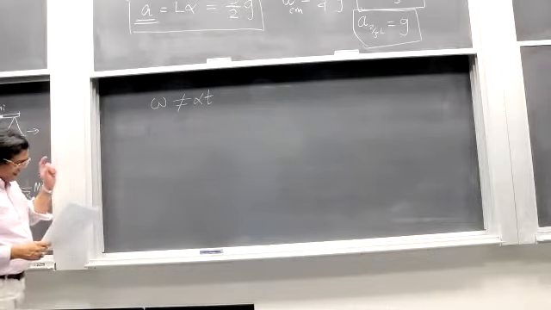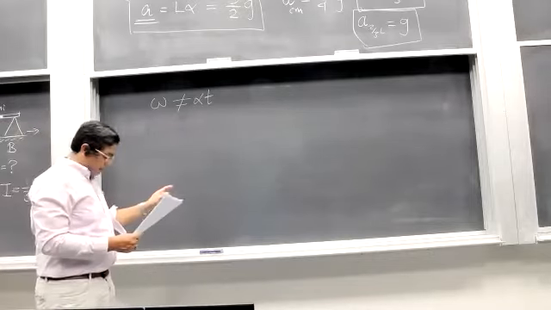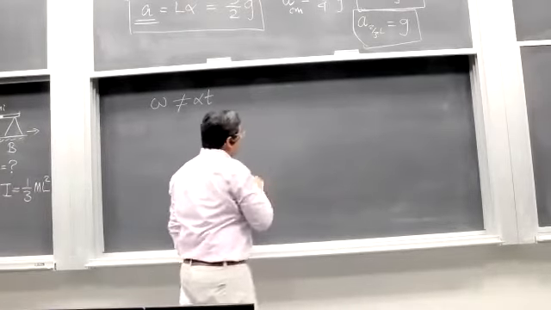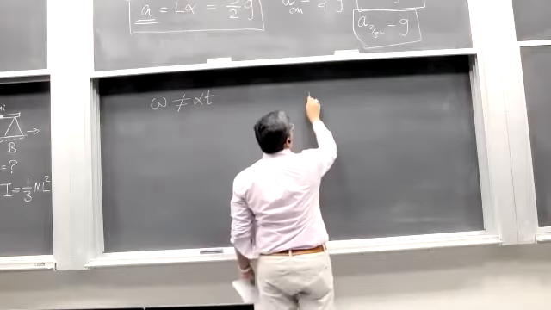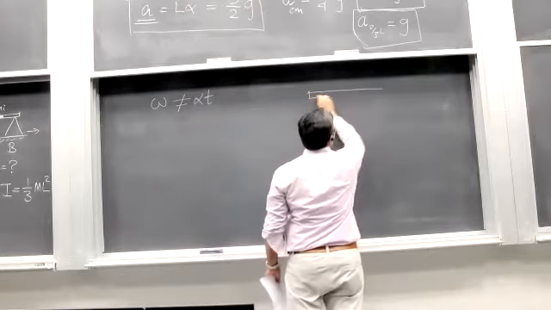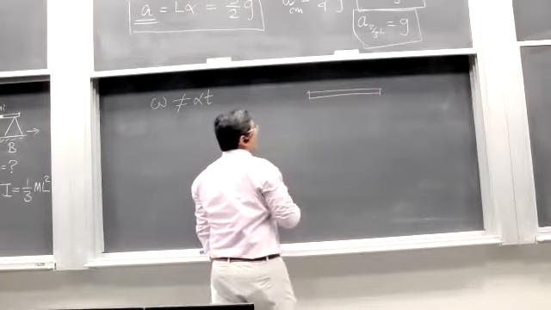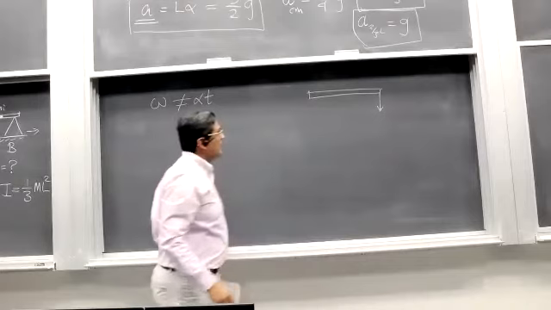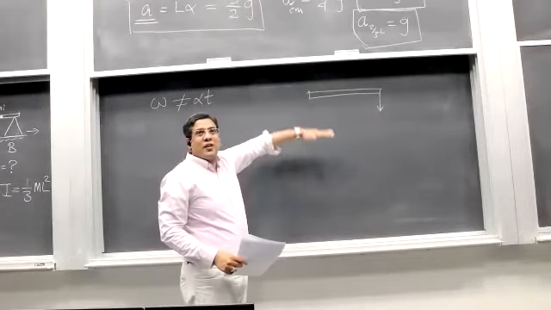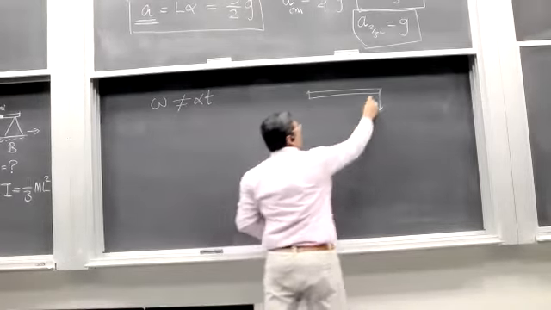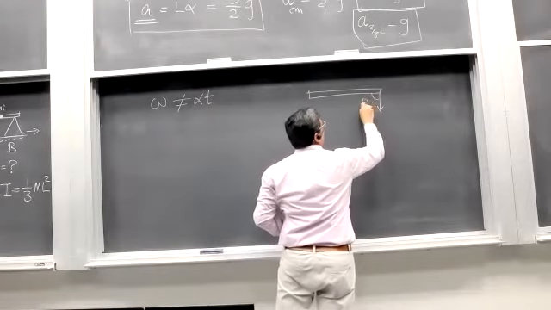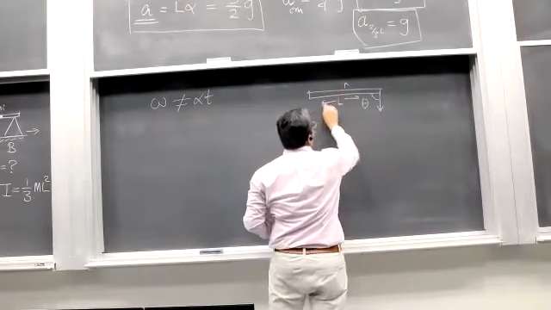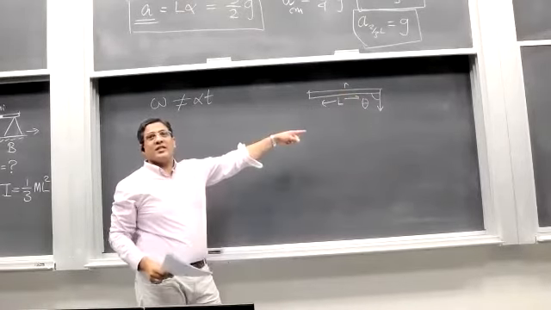Oh no, sorry. The reason is, let me just say it in another way, because if you see, this is the rod in this direction, and this is the force. As this rod falls down, the angle between the force and R or L or the rod itself keeps changing.